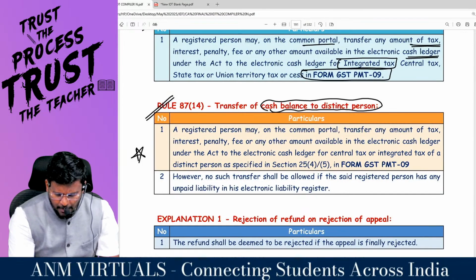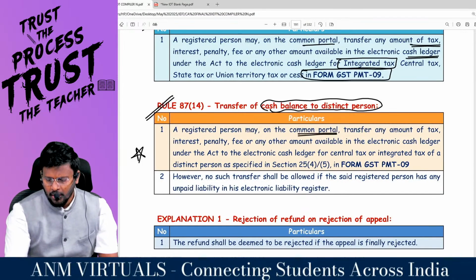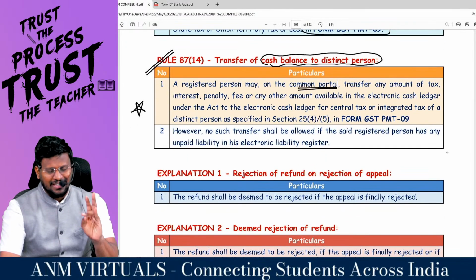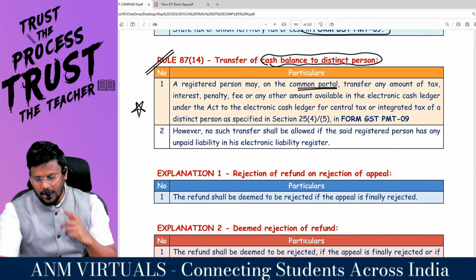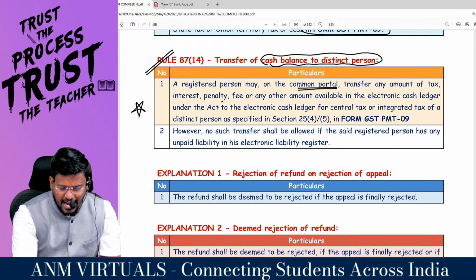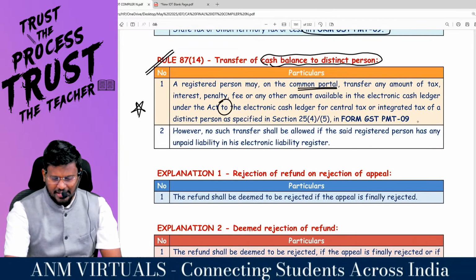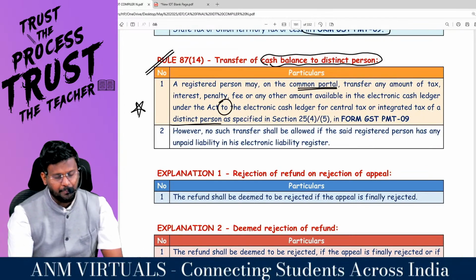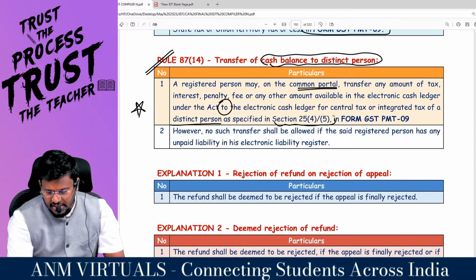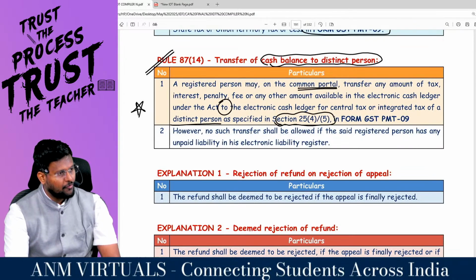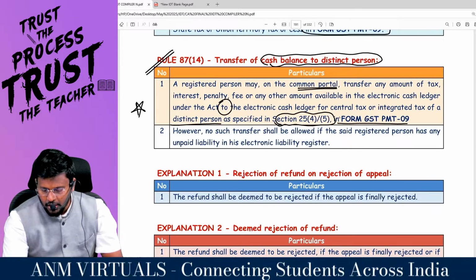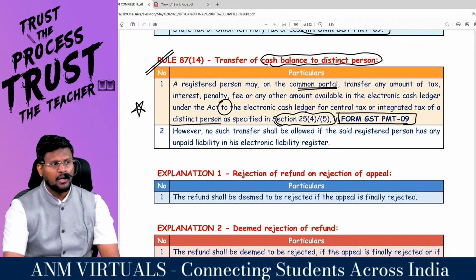A registered person may on the common portal transfer any amount of tax, interest, penalty, fees or any other amount available in the electronic cash ledger under the Act to the electronic cash ledger for central tax or integrated tax of a distinct person, as specified in section 25 subsection 4 or 25 subsection 5 in form GST PMT.